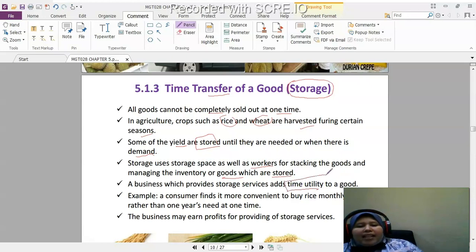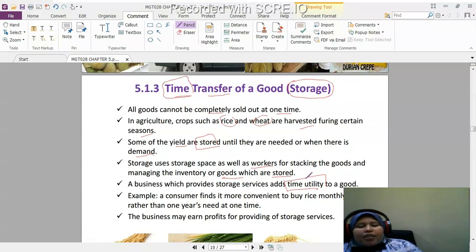Okay, so bila kita dapat simpan barang tersebut, pada bila masa pun kita boleh menggunakan ataupun menjual barang tersebut. So, barang tu tak terus terjual, kita akan simpan. So, dia menambahkan time utility ataupun menambahkan jangka masa barang tersebut masih ada dalam simpanan kita.